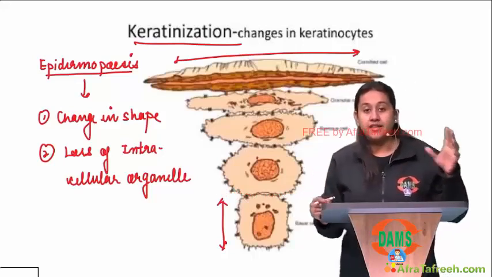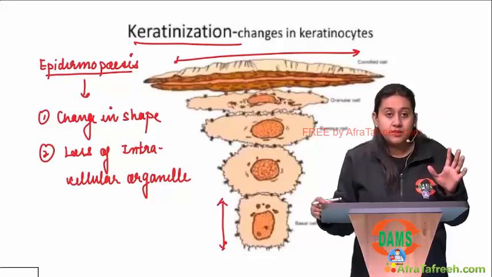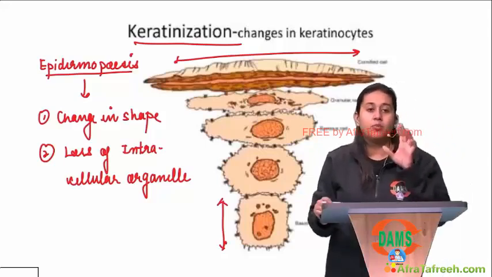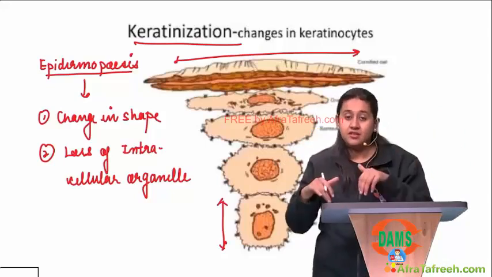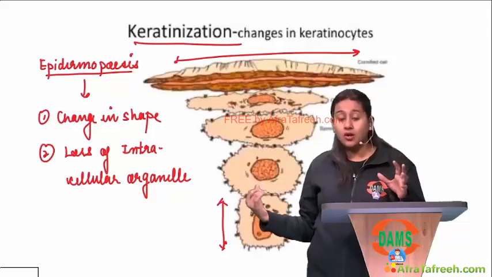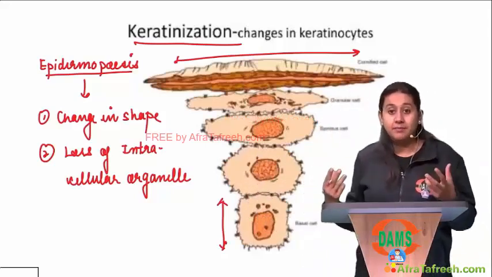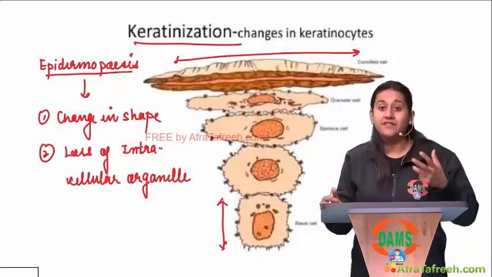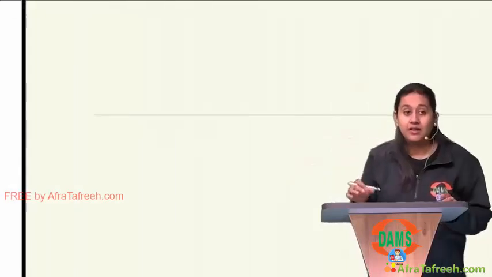Now please remember, my students, if there is any problem in either of these steps, whether there is defective change in shape or defective loss of intracellular organelles, whenever you have any defect in either of these steps, or when there is defective keratinization, we use a terminology which is known as dyskeratosis.